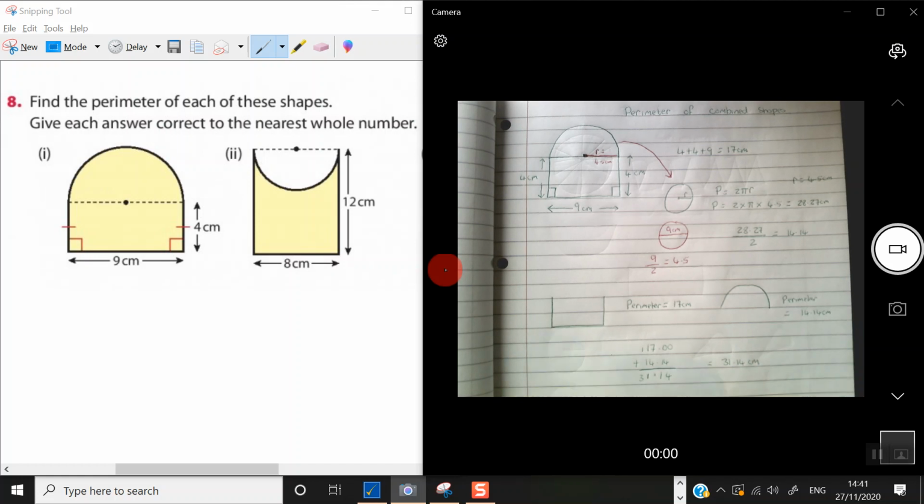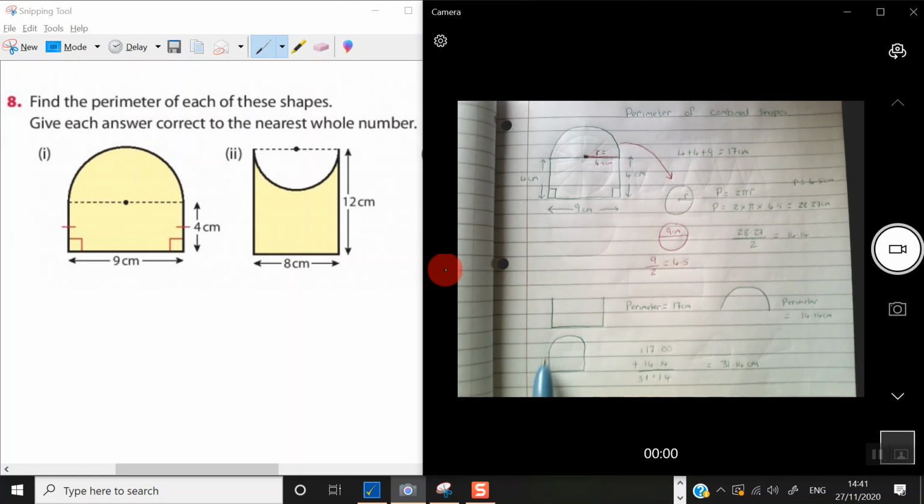If we combine these two shapes together, we'll have the shape that we have up there: a rectangle like that, and then your top part like that. So the perimeter is going to be the perimeter of this part plus the perimeter of this part added together, and that's equal to 31.14 centimeters.